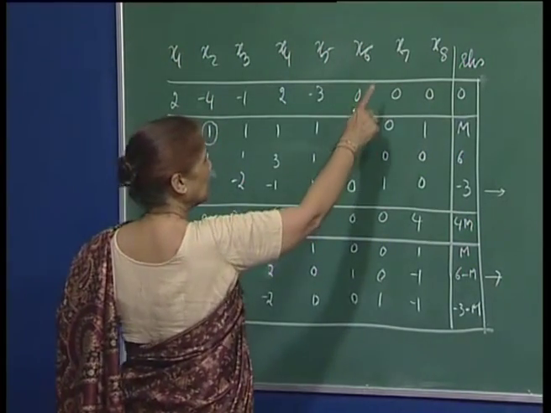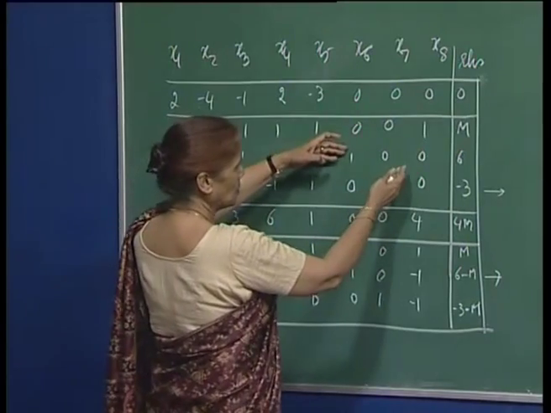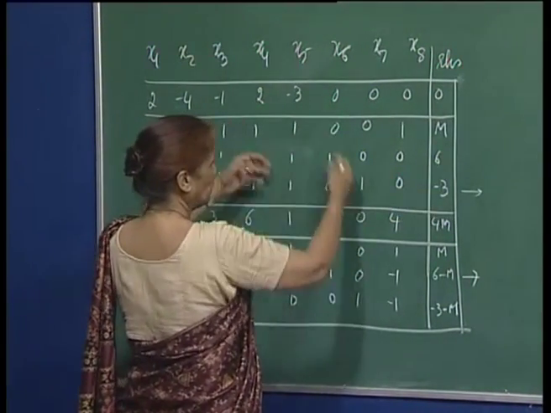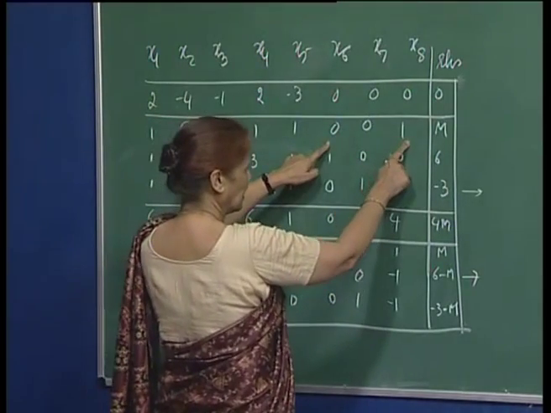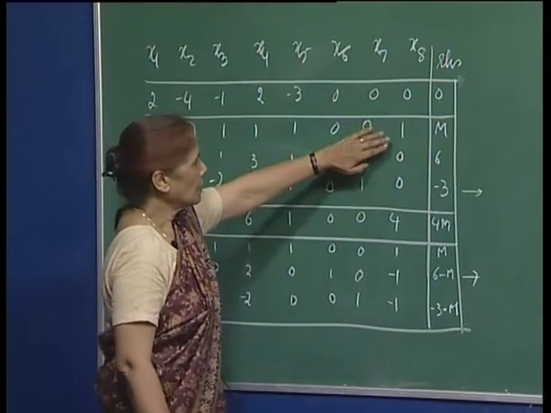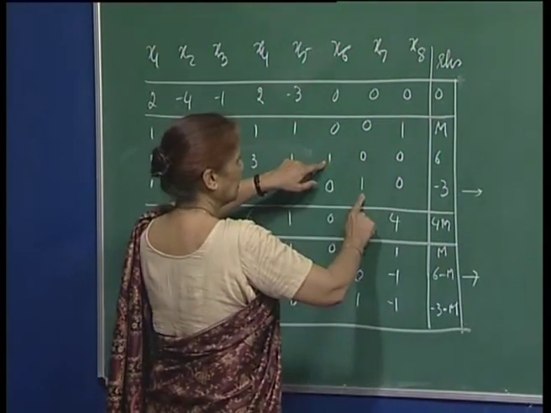I started with x6 and x7, and that basis was neither primal feasible nor dual feasible, so I added this artificial constraint. We remove x8 because x8 was the starting one. Initially your basis consisted of x8, x6 and x7.